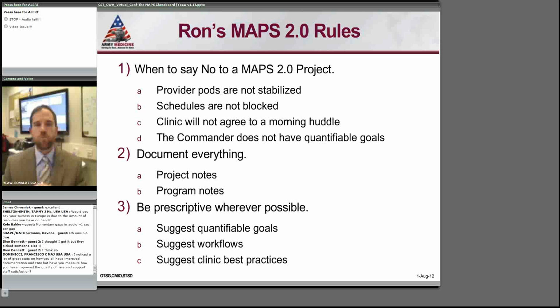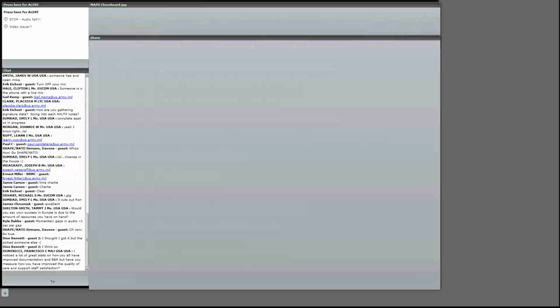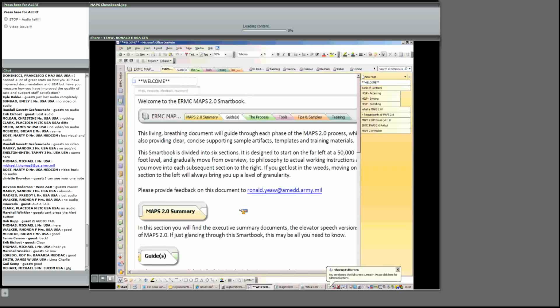So, my second rule of the road for you, document everything. So, what I'd like to do now is go back to full screen. Shifting over. Okay. So this is the MAPS 2.0 Smartbook.